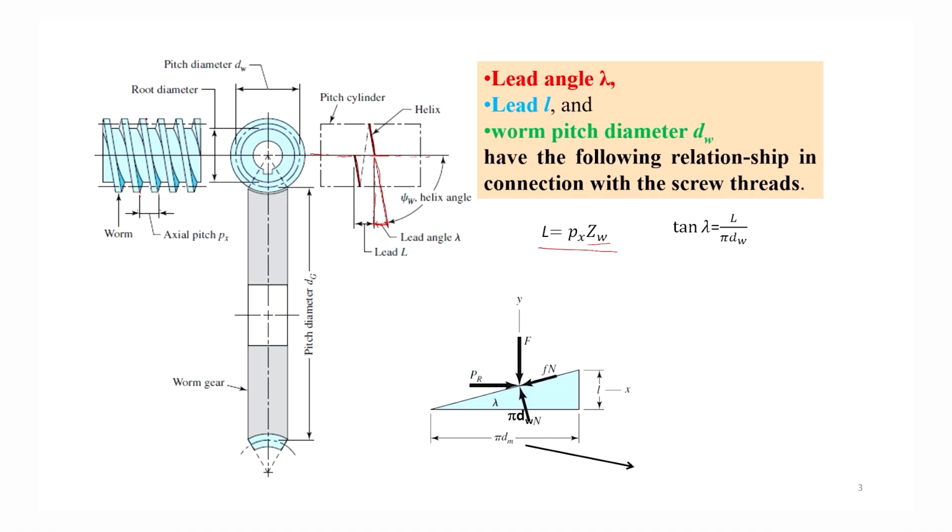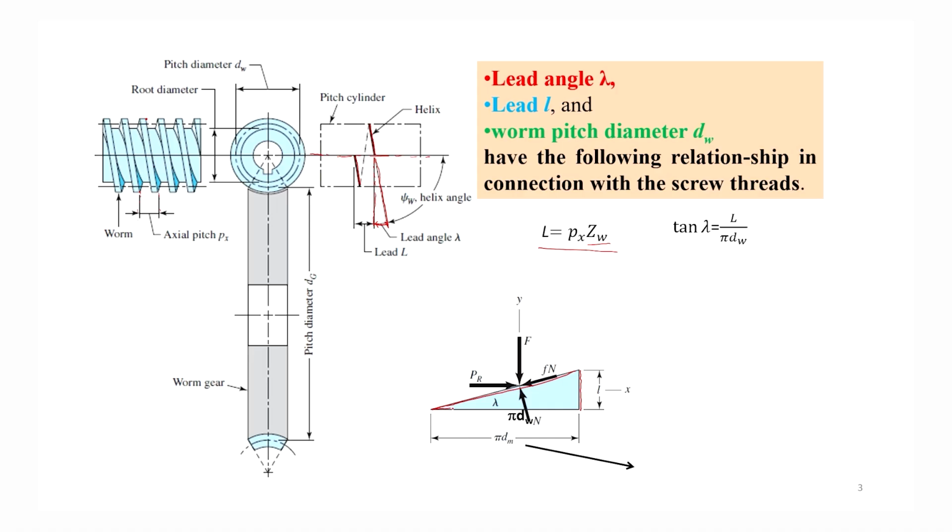And similar to the power screw, there will be a lead angle. That means if this thread is unwound, then the length of the thread will be this one. This is the lead, the distance moved.